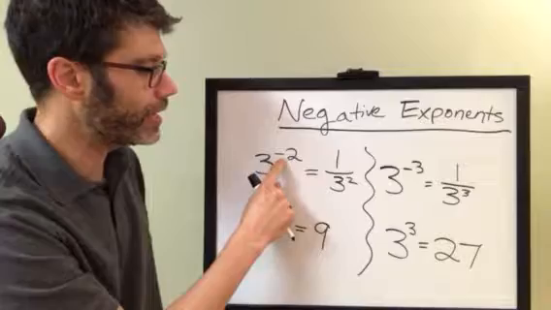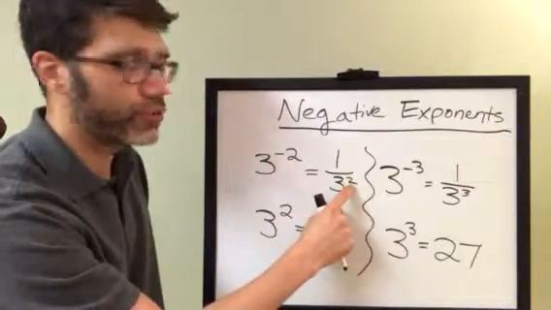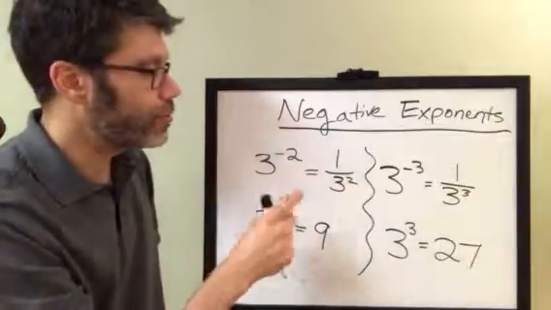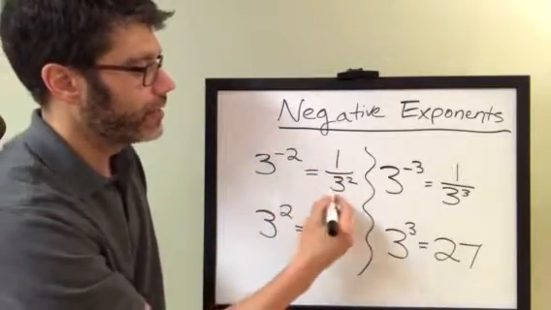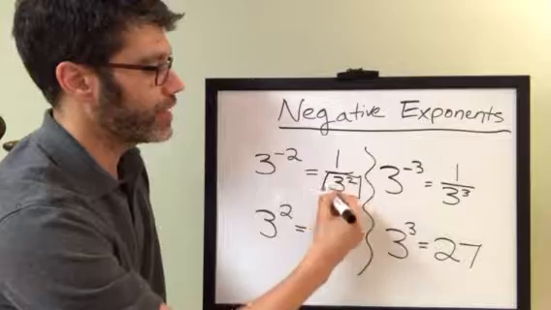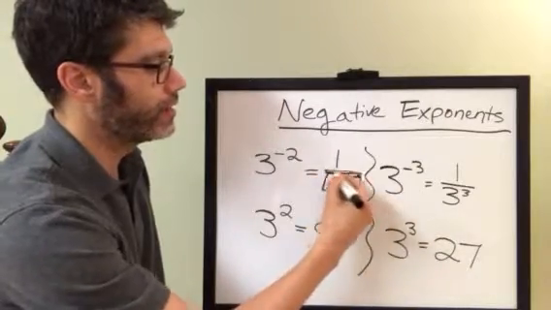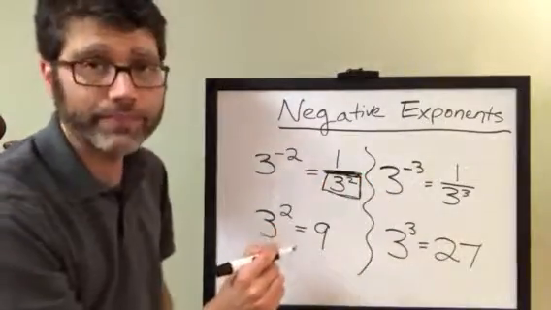So negative 2 here turns into a positive 2 as long as we make a fraction out of it. We put this entire expression right here all in the denominator, okay?